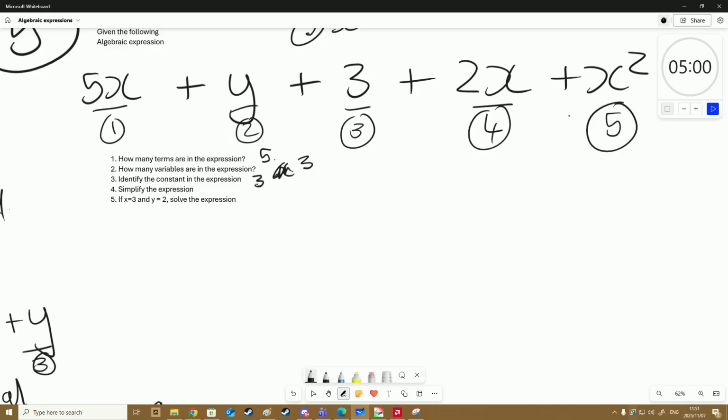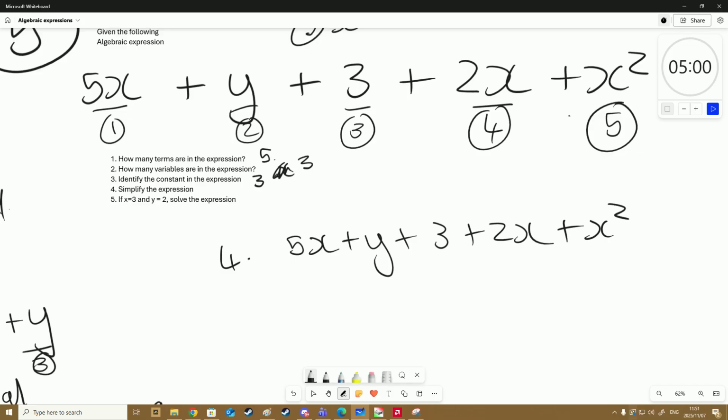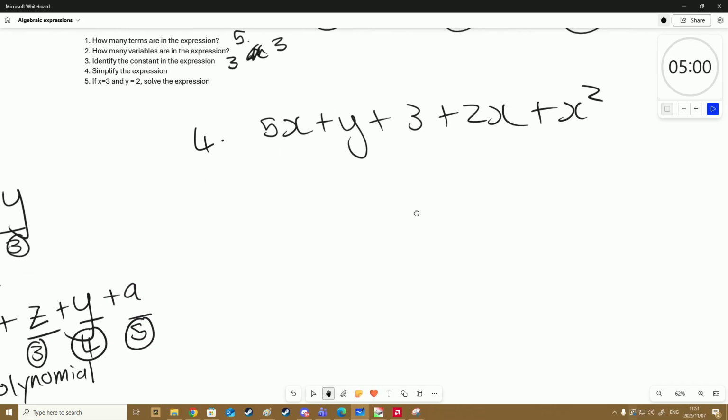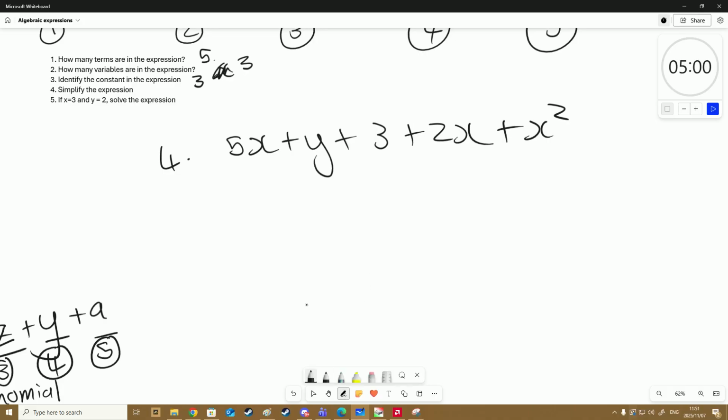Alright, for number 4, we needed to simplify the expression: 5x plus y plus 3 plus 2x plus x squared. Remember that when we want to simplify an expression, we want to take this complex expression and make it more simple. So we're going to look for variables which are the same and can be summed or subtracted to make it easier to read.